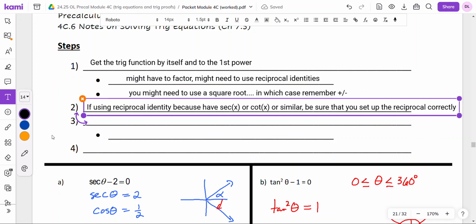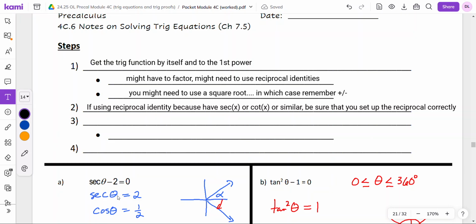All right, so an example of that right down here, where we had secant of theta equal to 2, so the cosine of theta is the reciprocal of 2, which is 1/2.